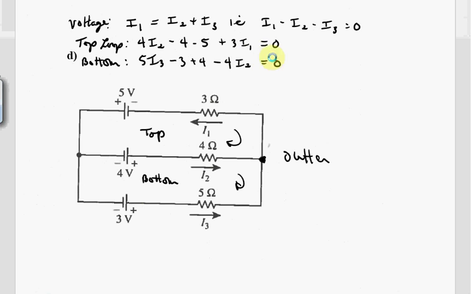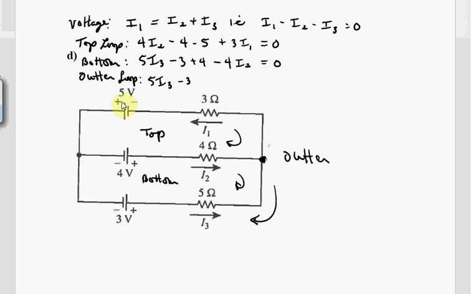And then we consider the outer loop. For the outer loop, start here. We go around. So here, this is plus 5 I sub 3. The voltage on the battery drops. Minus 3.